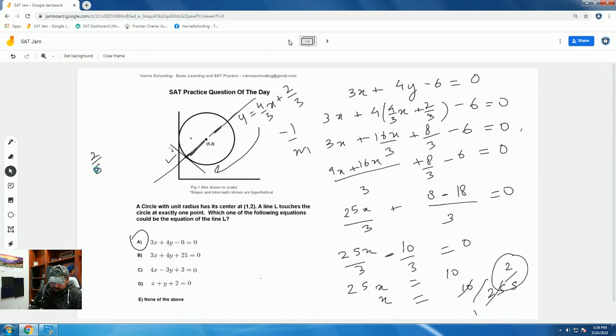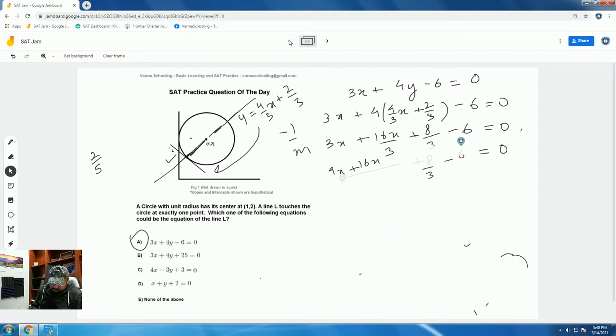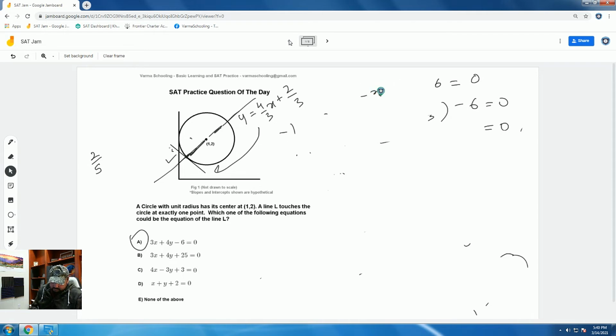So let's plug that in here and find out what the y-coordinate is. So we get the y-coordinate by plugging this in here. So let's just clear this for a little bit. So 3x. Now the value of x we can substitute in here, 2 by 5, plus 4y minus 6 equals 0.